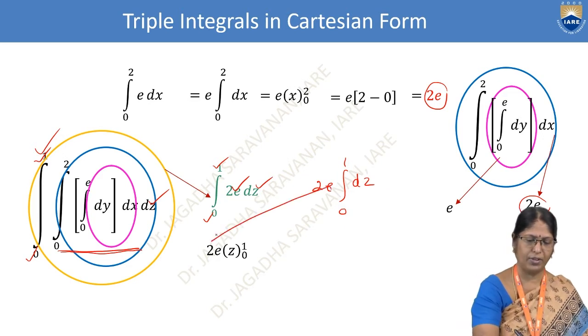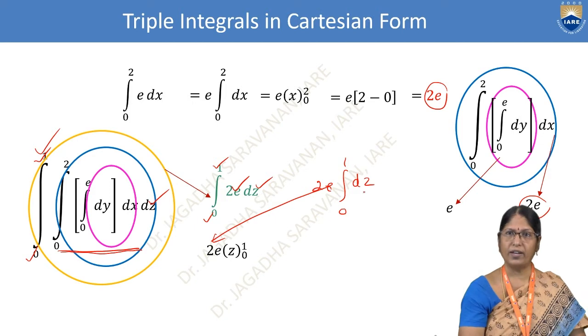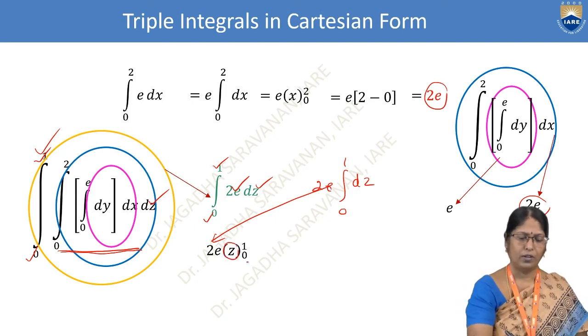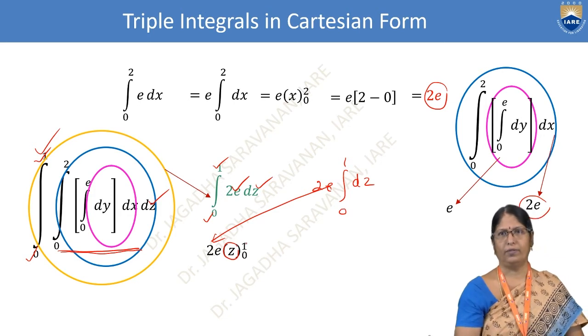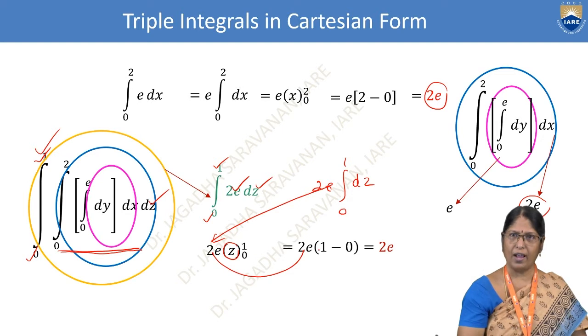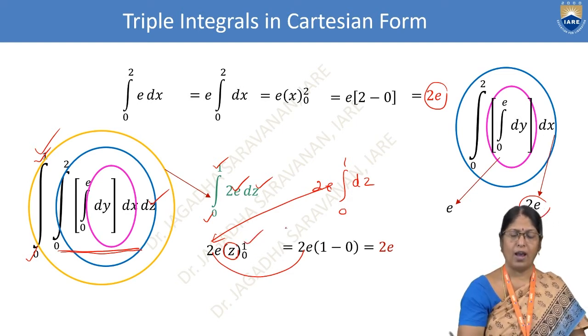So we can see it here: 2e, the integral of dz is nothing but z, from 0 to 1. So the 2e is written as it is. The upper limit is 1 and the lower limit is 0.